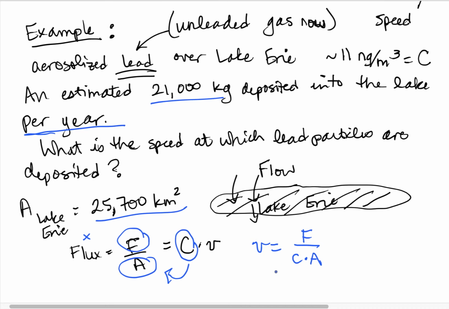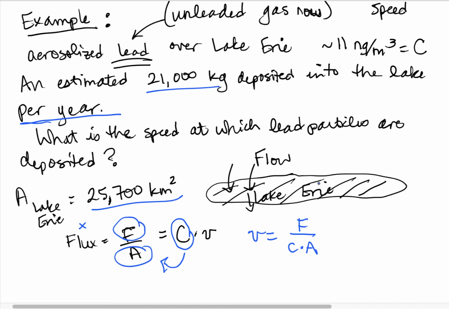So why don't you go ahead and pause the video here. You can use your flow of 21,000 kilograms per year, your concentration of 11 nanograms per cubic meter, and your area of 25,700 square kilometers.